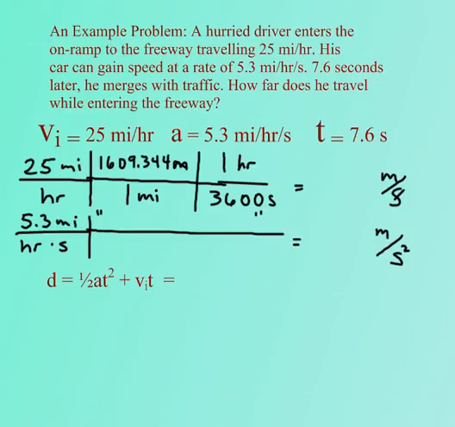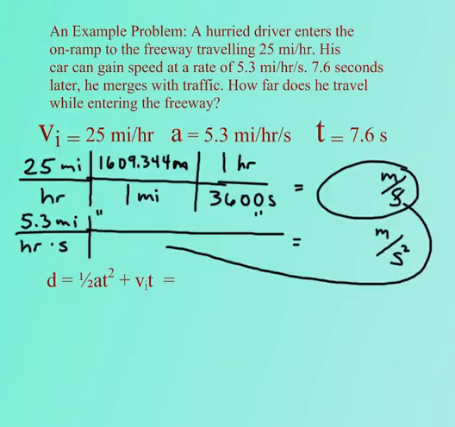Now once you have those two, then you could plug in this VI in meters per second here, and the acceleration that you have here in meters per second squared could be plugged in here, and your times, both of them, could be the 7.6 seconds. Once you have unit agreement, it's a simple matter of plugging in the numbers and calculating out to the distance.